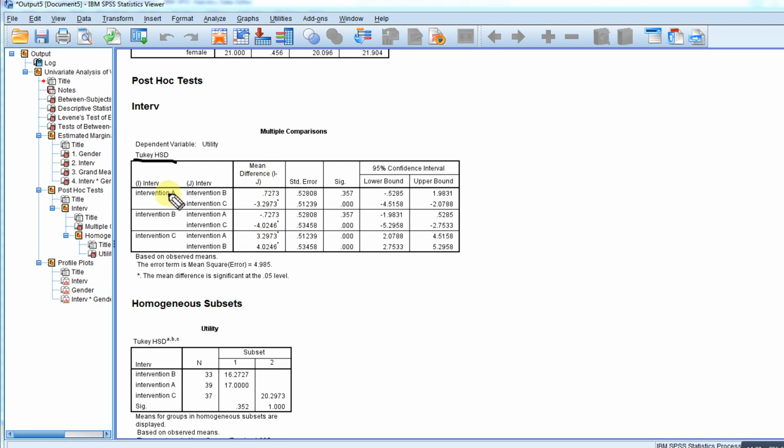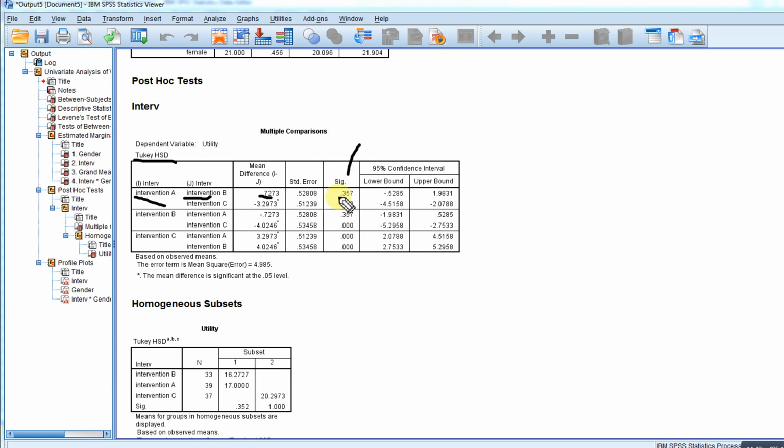So if you take the mean for intervention A, subtract the mean for intervention B, you get 0.727. So really, folks in intervention A scored about 0.727 points higher on average than those in intervention B. Over here you get p-values, and these are basically non-directional tests.